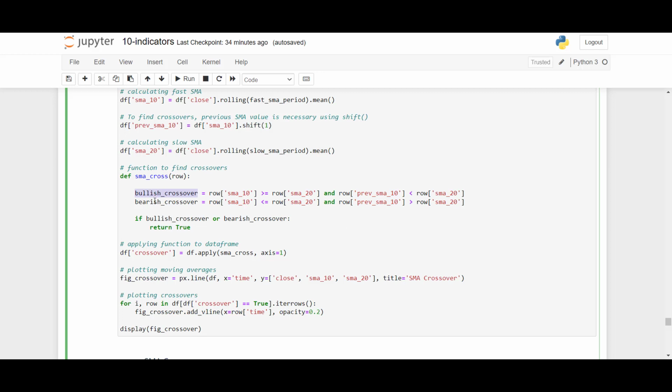So if any of these conditions is true, then this function will return true, which means that there was a crossover. Then we created a crossover column and applied the function. We use df.apply, we pass in the function, and specifying axis 1 means that we apply this function on each row.